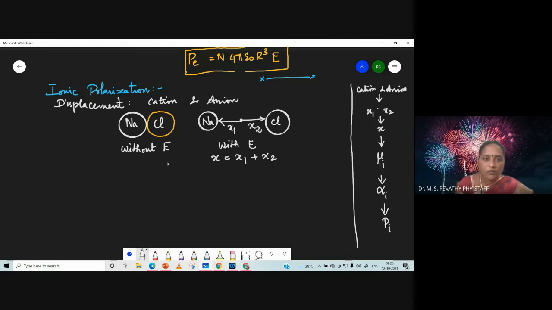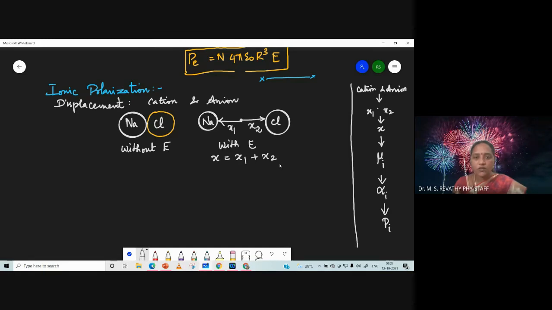Without field, there will be an equilibrium condition. When the field is applied, they just move apart. And when the field is removed, they come back to the original state. So you get an action of spring. There will be some restoring forces acting here. Because of the application of the electric field, there will be a force of repulsion acting on the charge.